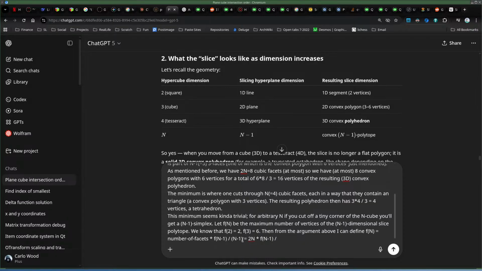That's why I write this as number of facets that make up one edge. So 2n times f of n minus 1 divided by n minus 1.